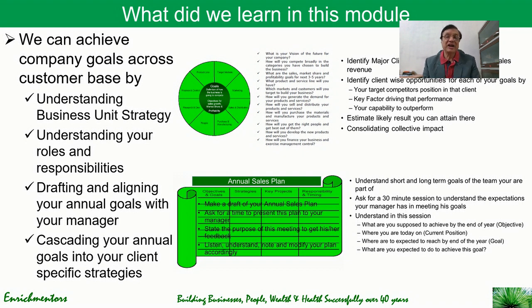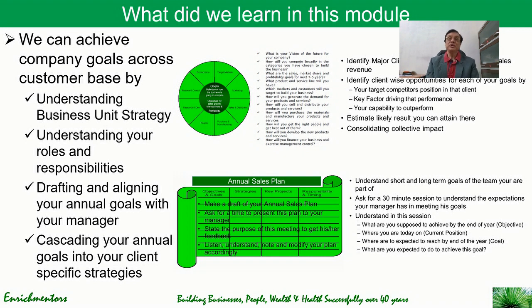Then you draft your annual sales plan or sales strategy for your territory, present it to your manager and get feedback on your goals and strategies, and then cascade it down to your major clients contributing to 85% of business. That's what we learned. If you do that, you can achieve company goals across the customer base.